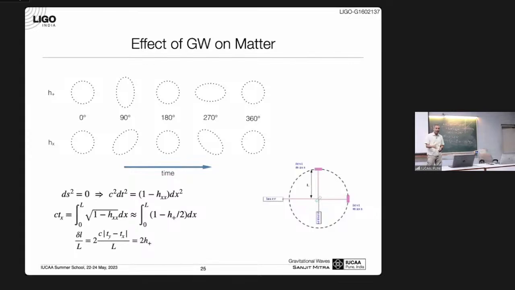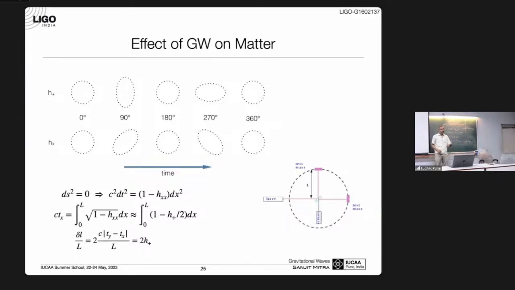What is a good assumption is that if we are far away from the source, suppose the source is here and you are looking at the floor, then most likely the waveform is going to be pretty homogeneous. So you don't have to worry about the change in h plus in the horizontal direction. Okay, along this thing, even though the source could be in that direction, you don't have to worry about it.